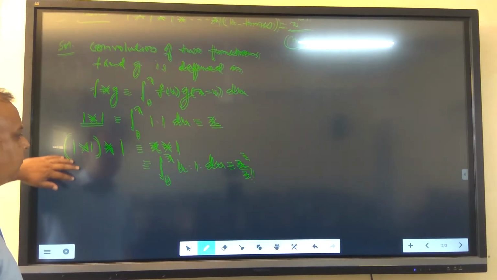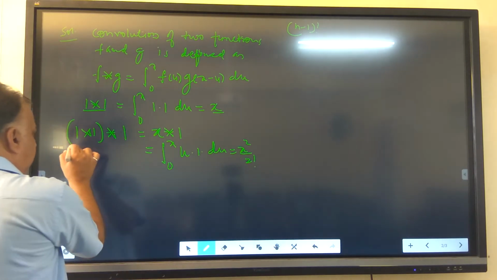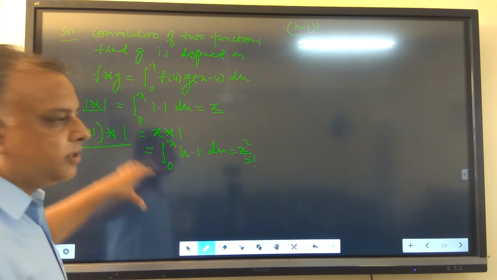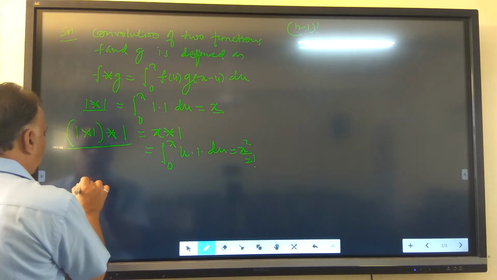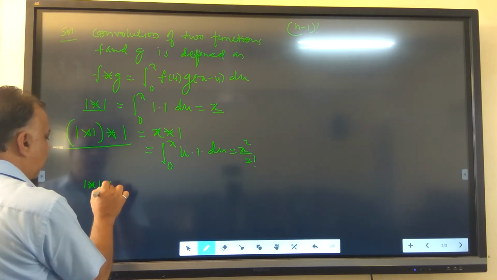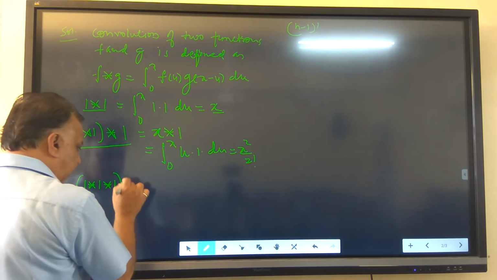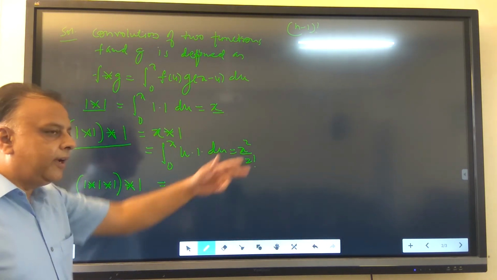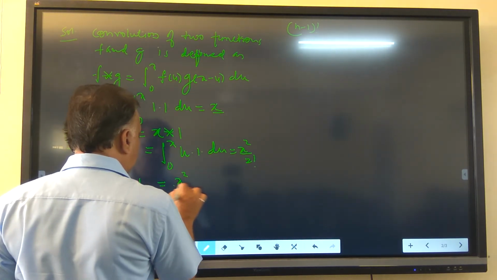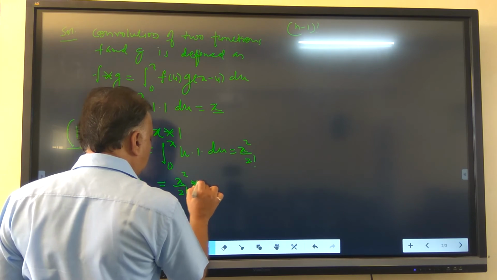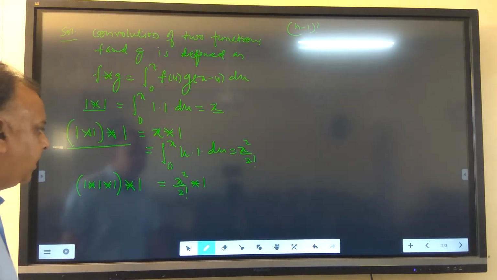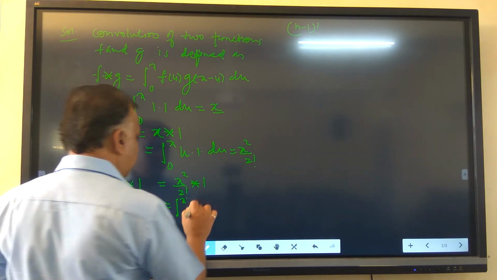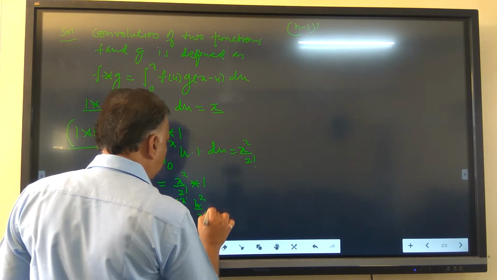Now again we take the convolution of this function with 1. The value of 1 star 1 star 1 is calculated as x square by factorial 2, so x square by factorial 2 convolved with 1, by the definition of the convolution, is the integral from 0 to x of u square by factorial 2 into 1.